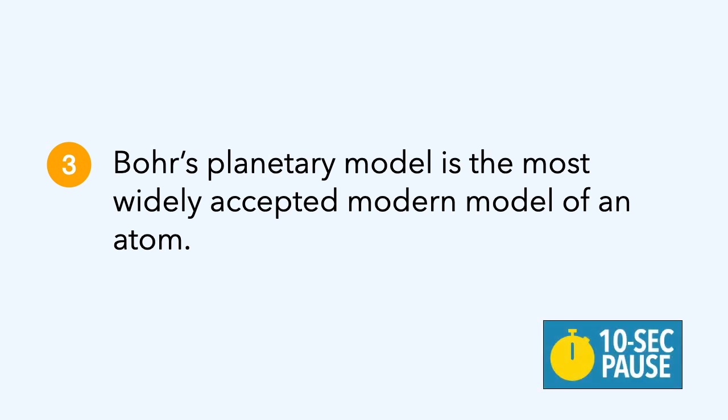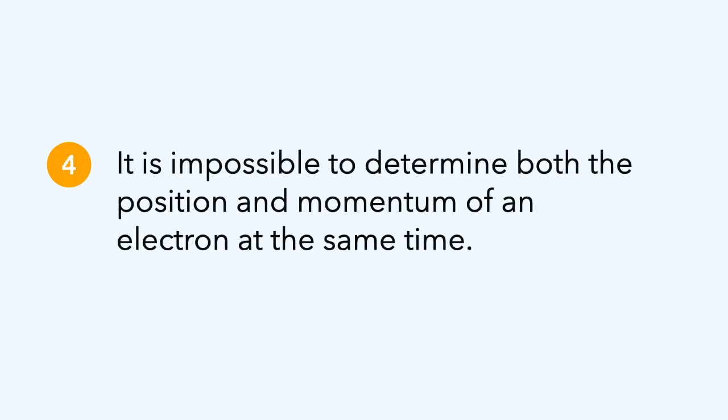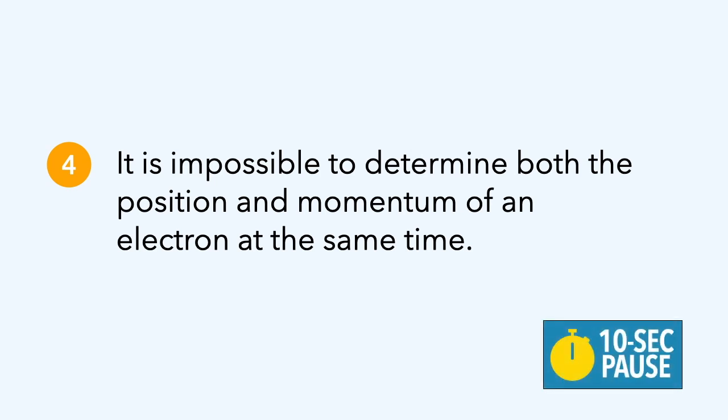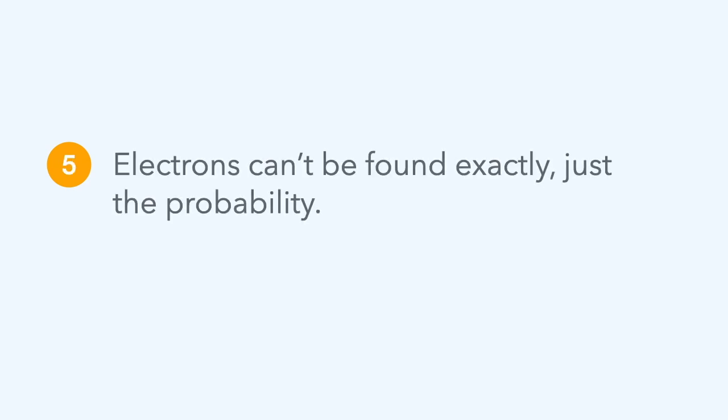Pause. It is impossible to determine both the position and momentum of the electron at the same time. Pause. And finally, electrons can't be found exactly, just a probability. Pause.